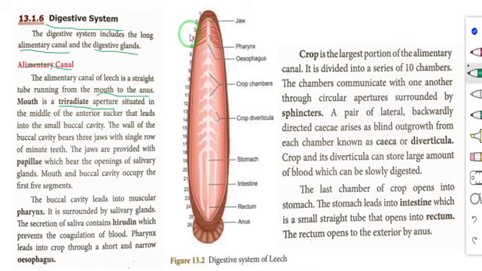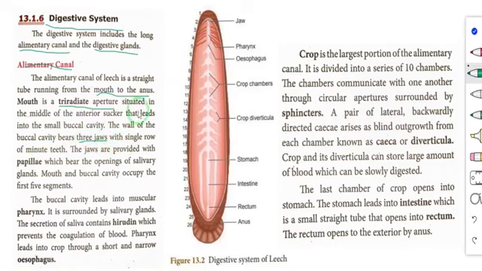Where is this mouth located? In the middle of the anterior sucker. The wall of the buccal cavity bears three jaws with a single row of minute teeth.